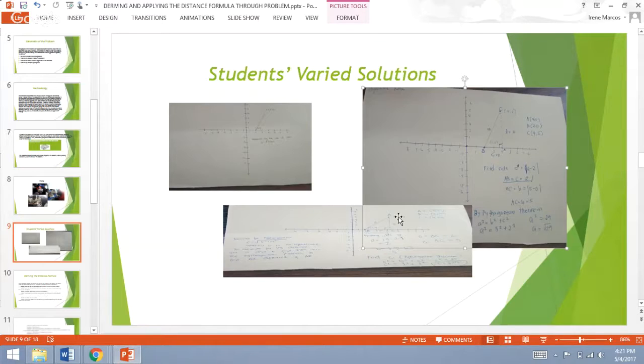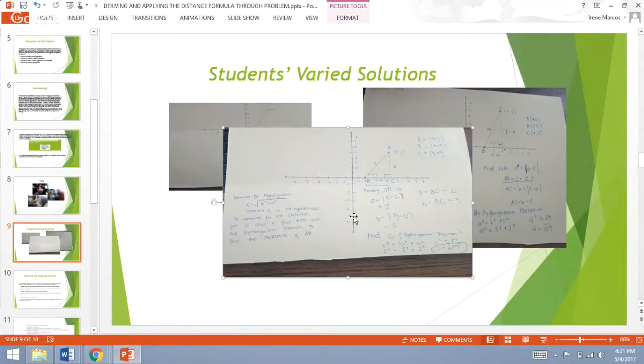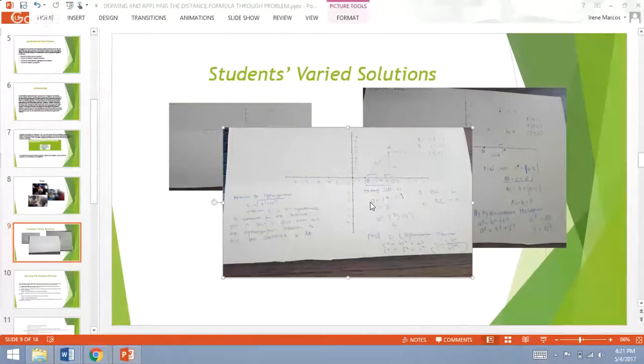Now, in the third picture, you would see that it is almost the same as picture number 2. The only difference is that the student had an explanation.